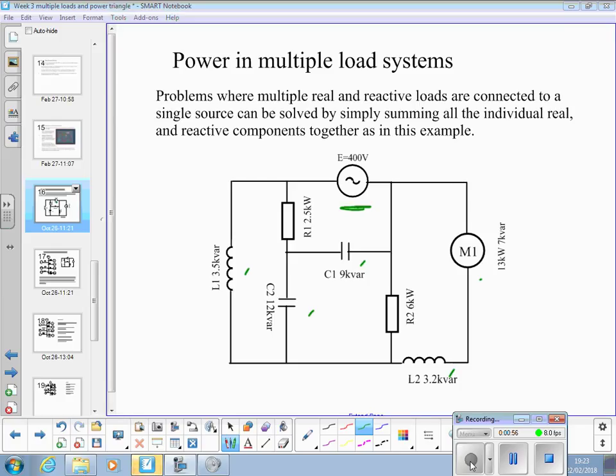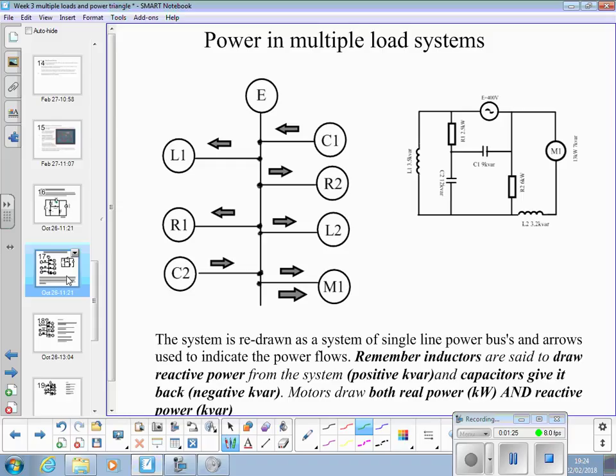What we're able to do is add up the Q contribution of each, add up the P contribution of each, and then use that to get the overall P, the overall Q, and work out what the S is for the whole load.